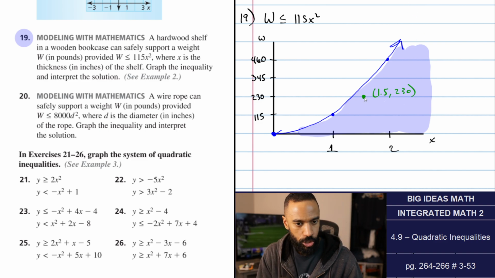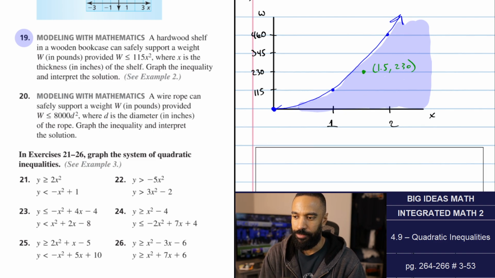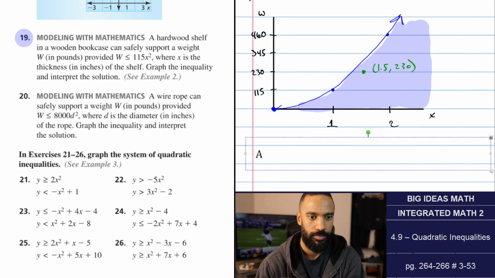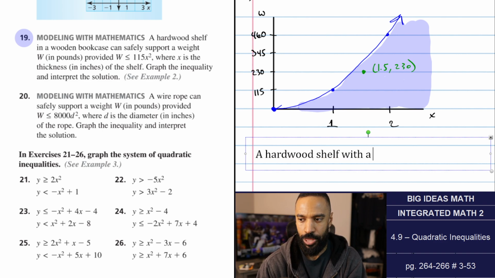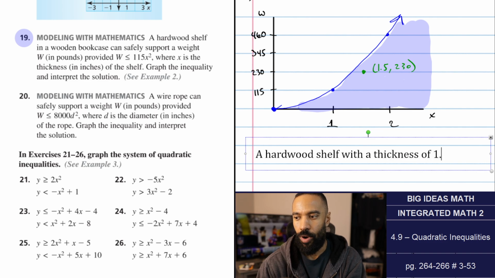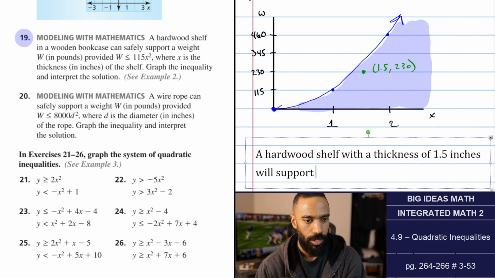So a hardwood shelf with a thickness of 1.5 inches will support 230 pounds of weight.